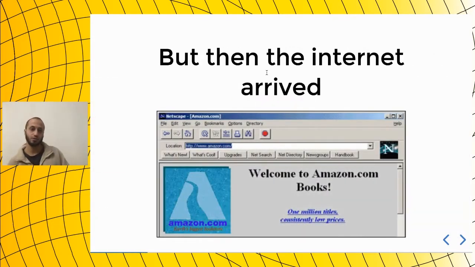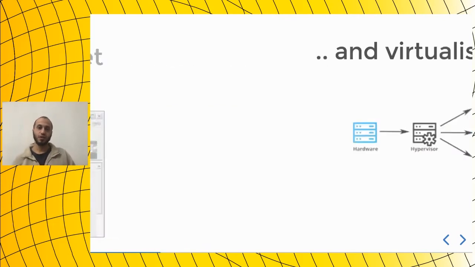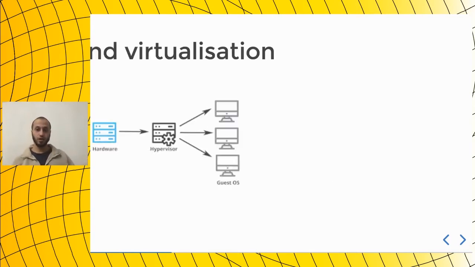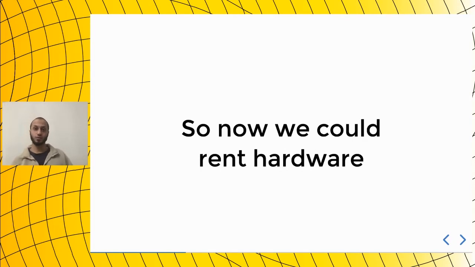About 10 years later, the internet started becoming more mainstream. And as a result of the exciting arrival of the internet, we started building client-server apps. And with virtualization, which meant that you could have a bunch of hardware stacks and have a hypervisor move these VMs around, it meant that we could rent hardware.